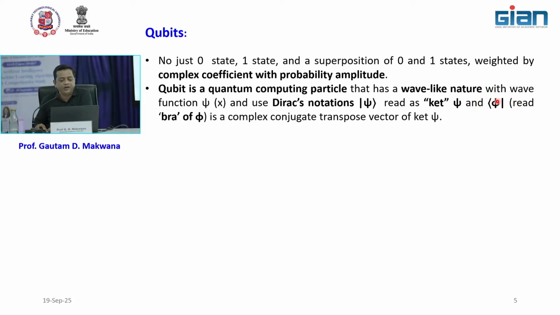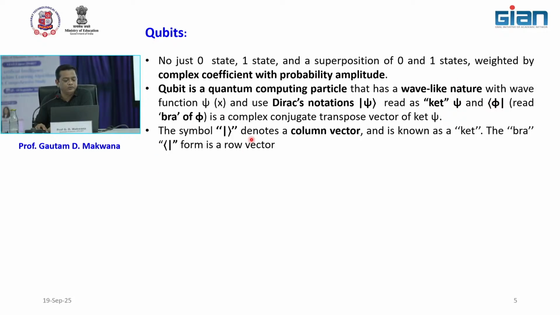Another notation, you can differentiate this symbol from that symbol, is read as a bra of psi, and it is the complex conjugate transpose vector of the ket psi. In classical computing, we are using the 0 and 1 states, but in the qubit, the notation is Dirac notation: ket psi and bra psi.